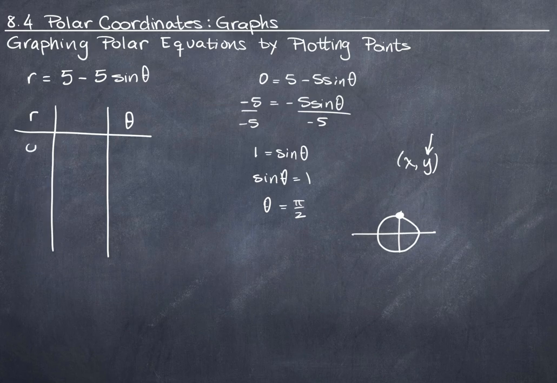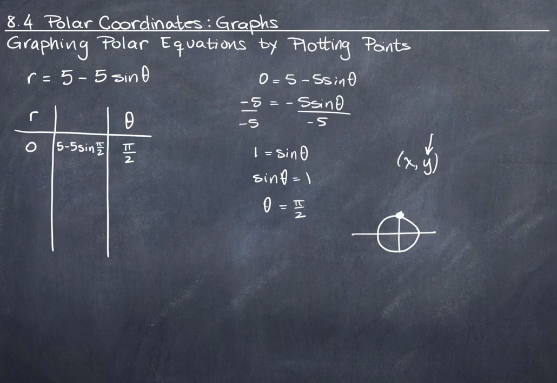When my output r was 0, I found that happened at pi over 2. And I got that not by plugging pi over 2 into the equation. I would have eventually figured out that 5 minus 5 times the sine of pi over 2 would be 0.